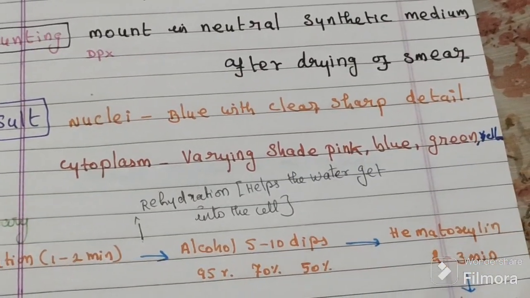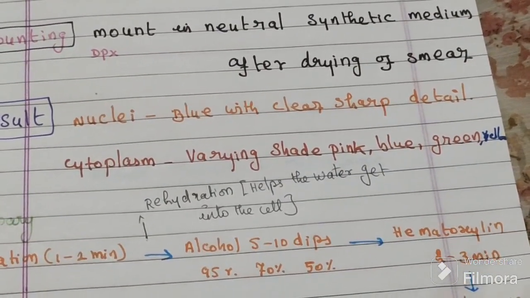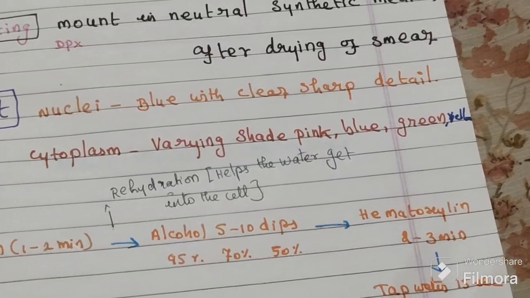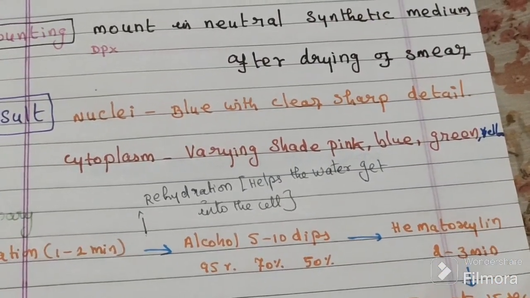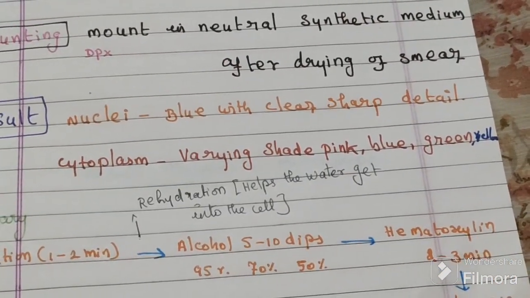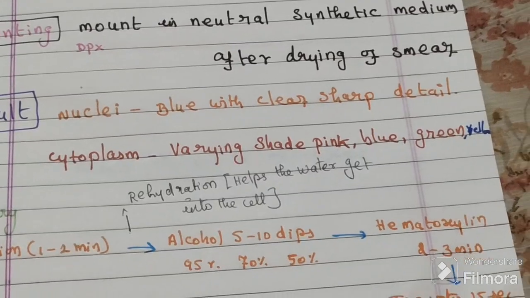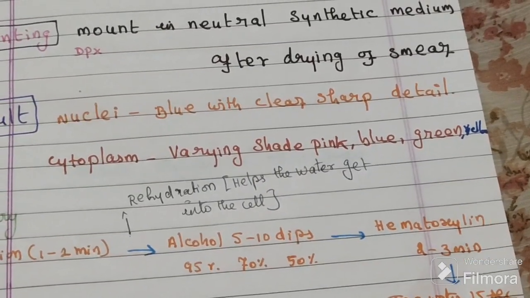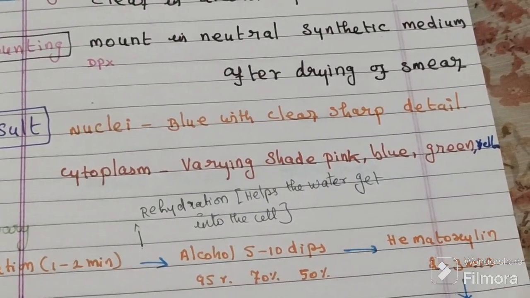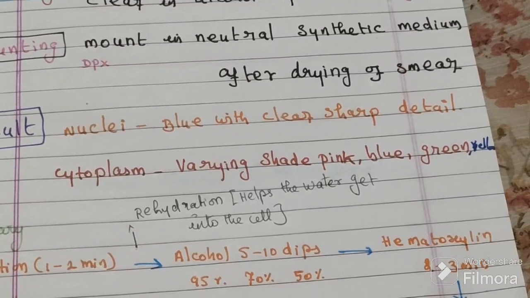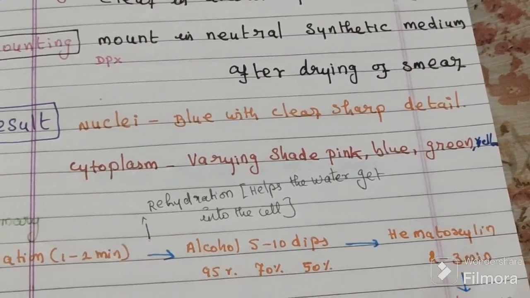The cytoplasm varies in shade, pink, blue, green or yellow, but nuclei are blue with clear sharp detail.